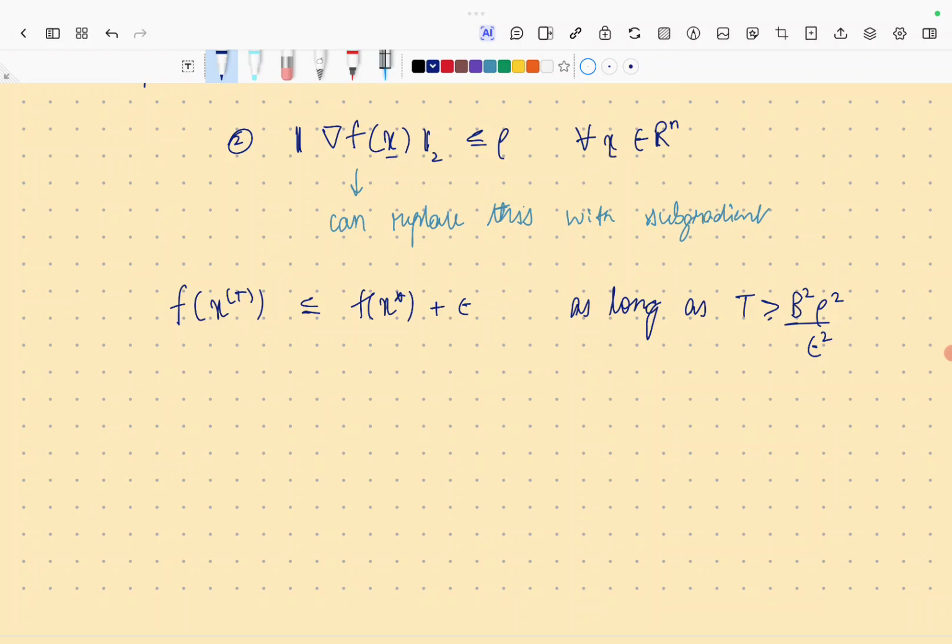This tells you how many steps you have to take in order to get epsilon close to the minimum. It's quadratic in b, quadratic in rho, and quadratic in 1 over epsilon.